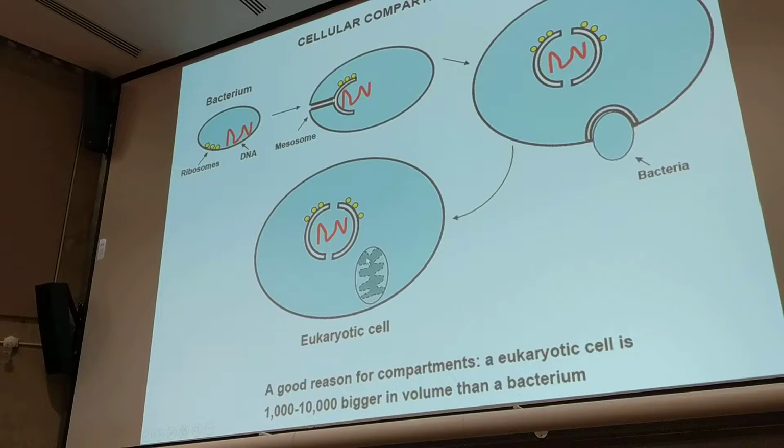There is an evolutionary theory, which has not been demonstrated yet, suggesting that the eukaryotic cell, or the eukaryotic precursor, derives from a bacterium, which is smaller. It has DNA without a nucleus, without an envelope, with ribosomes attached to the membrane.